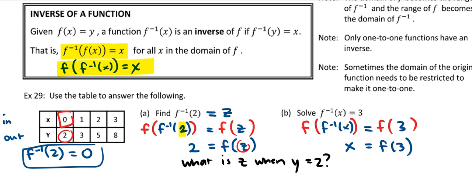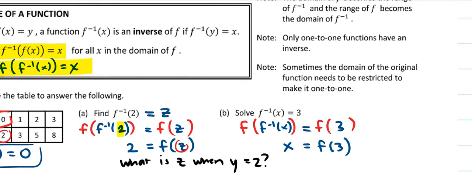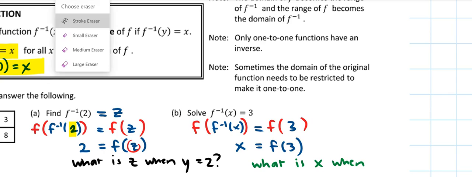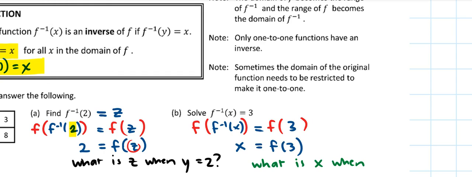What we're looking for, if we want to be a little more precise, is: what is the output when x equals 3, the input?